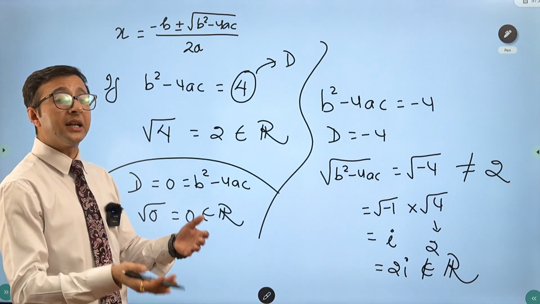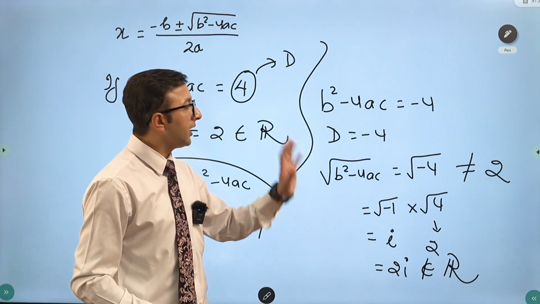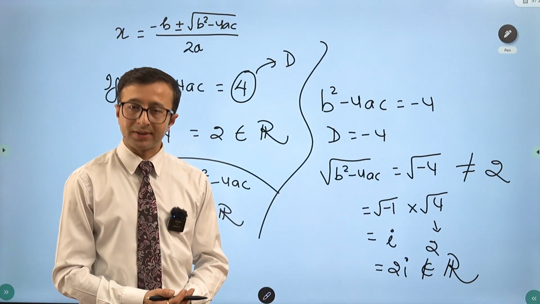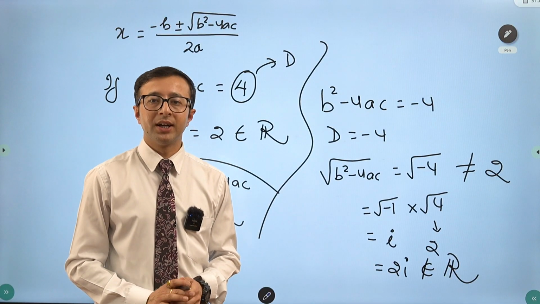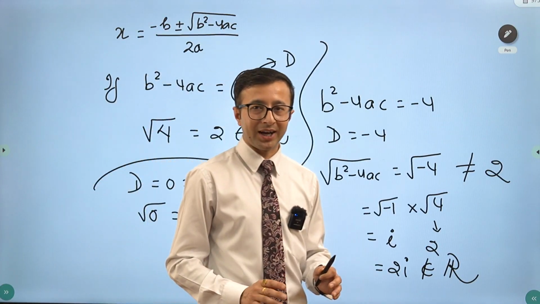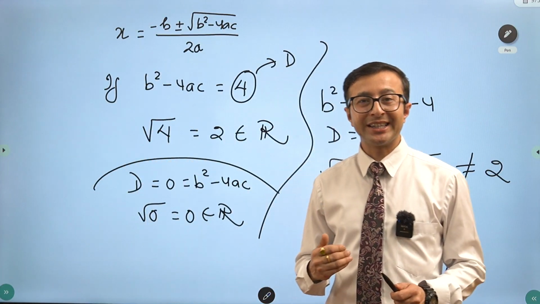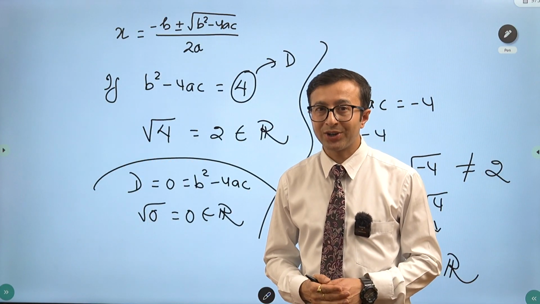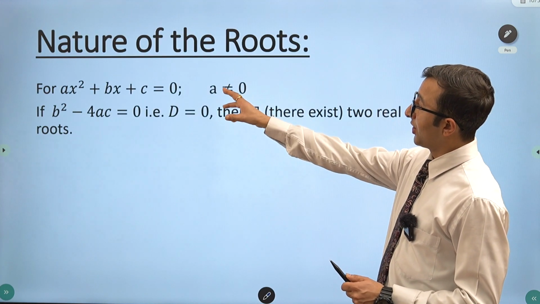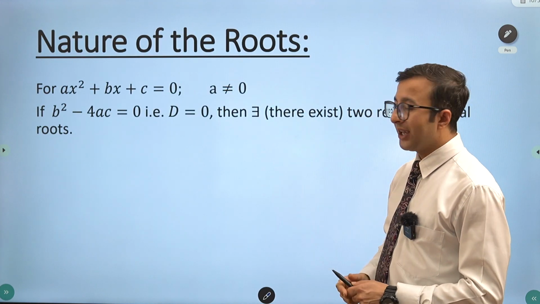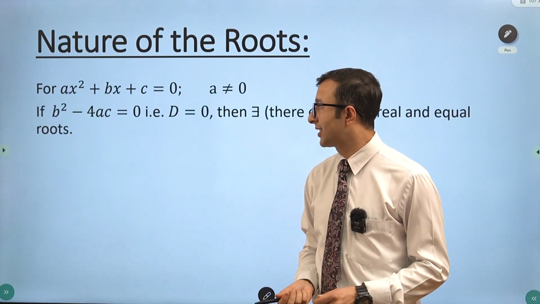We are going to get the real roots. But if the value of d is negative, then it is not possible to get the real values. That's why I have already told you that b square minus 4ac decides the nature of the roots of a quadratic equation.